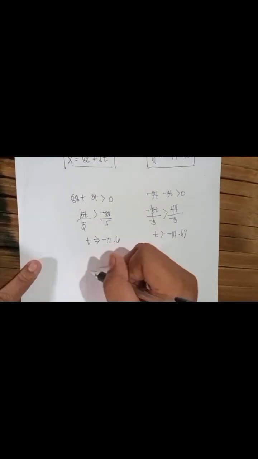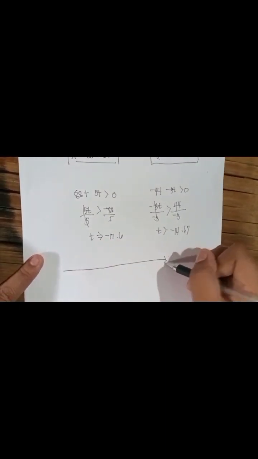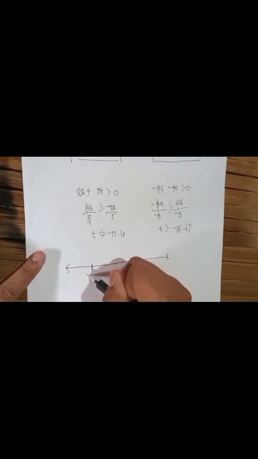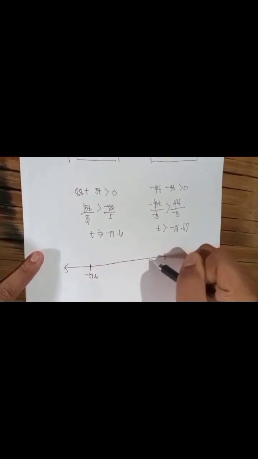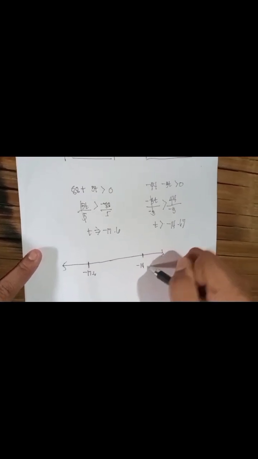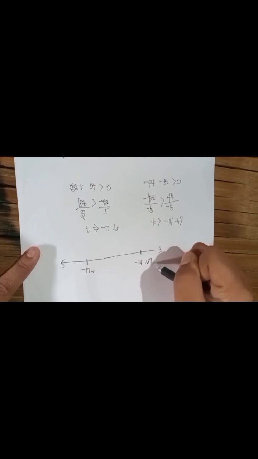Okay, so now let's make a graph or arrow. Here is the negative 17.6 and here is the negative 14.67.